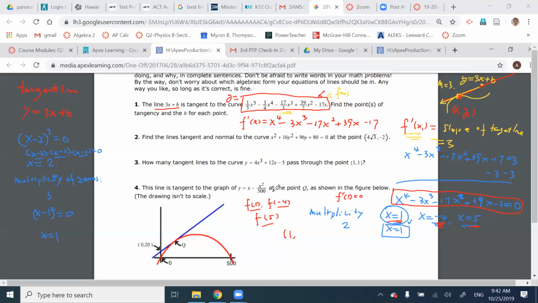And then you go minus parenthesis 17/3, closing, x to the 3rd power, and then plus 39/2, right? And x squared, and a minus 17x, like this.